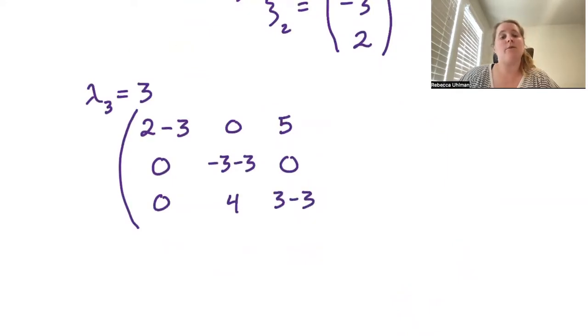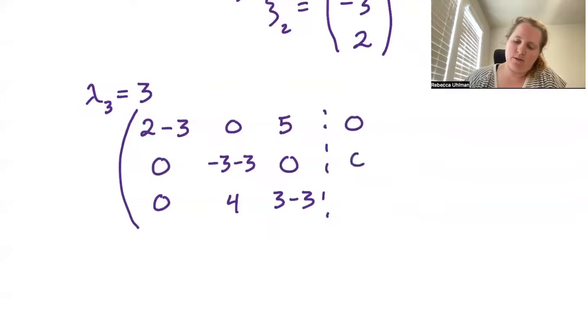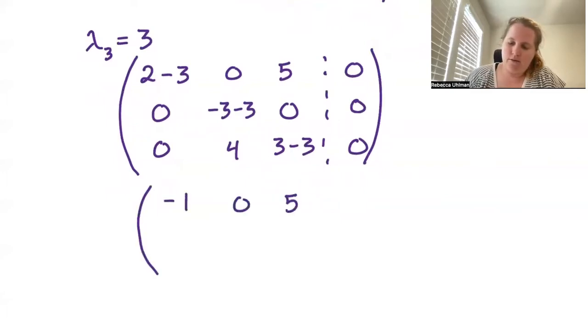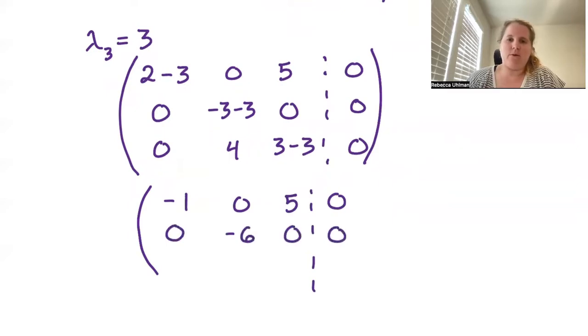Again, we're just taking the original matrix and subtracting lambda off the diagonal. Then our augmentation is the 0 vector. So we are looking at negative 1, 0, 5, 0 for our first row, 0, negative 6, 0, 0 for our second row, and 0, 4, 0, 0 for our last row.